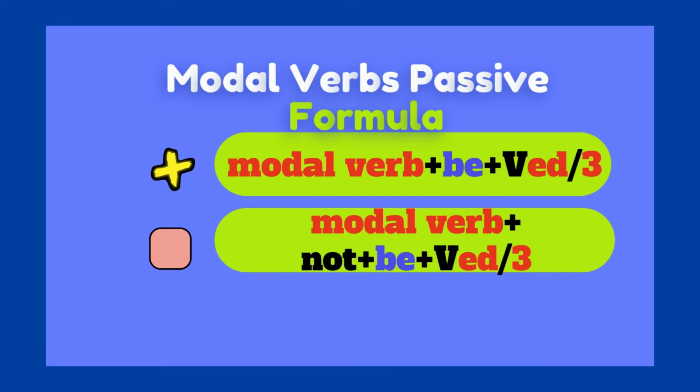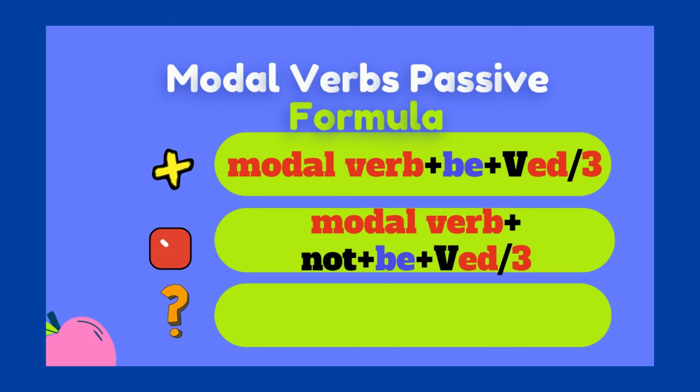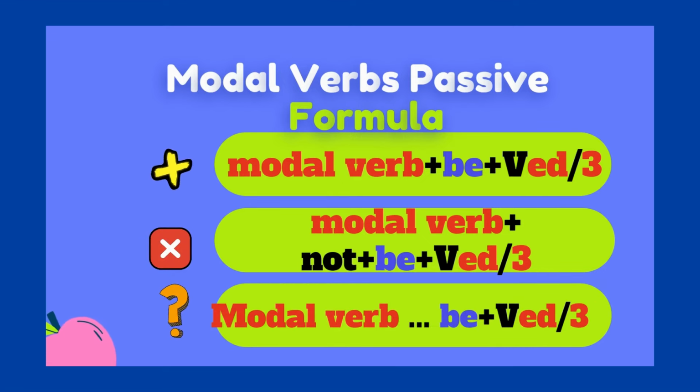In negative sentences we use modal verb, then not, then be, plus the verb with the ending ed or in the third form of the irregular forms. In interrogative sentences we use modal verb, then the subject, then be, plus the verb with the ending ed or in the third form of the irregular forms.